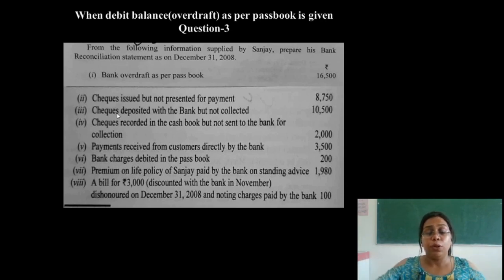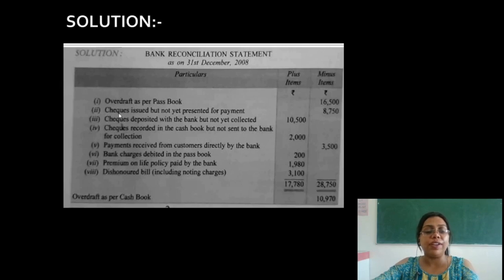So in this case, it is the reverse of cash book. Passbook is totally the reverse of cash book. So we will reverse this, and in this case 8,750 will be written in the minus column. So we will write check issued but not yet presented for payment, 8,750 in the minus item. Is it clear?